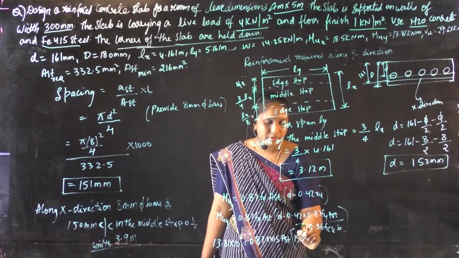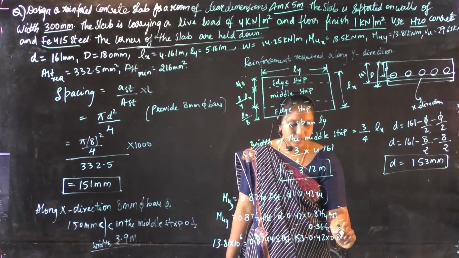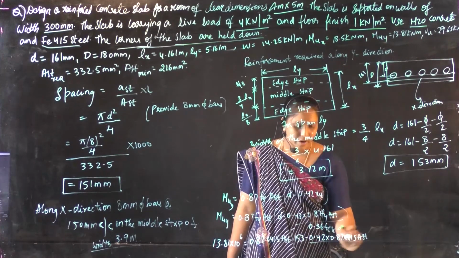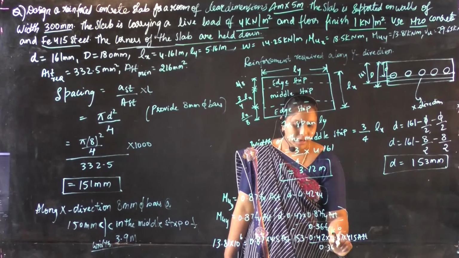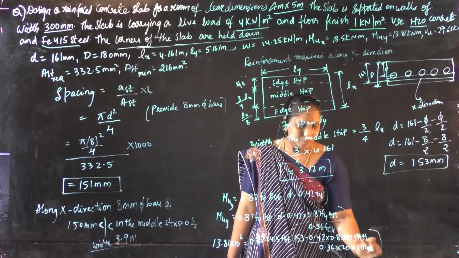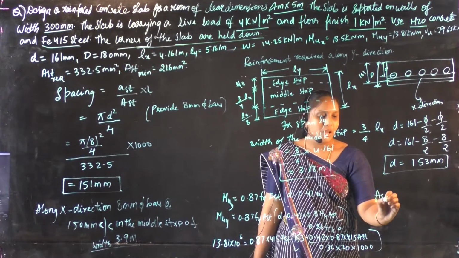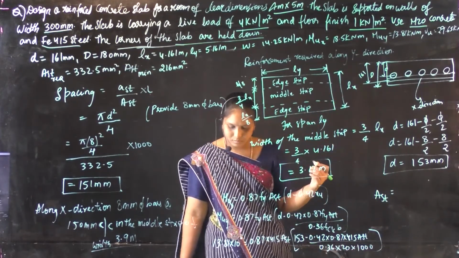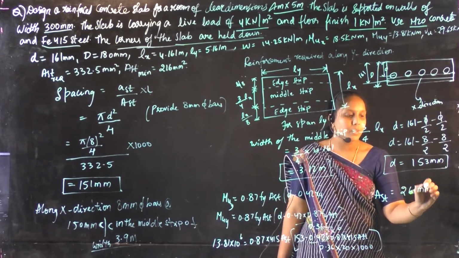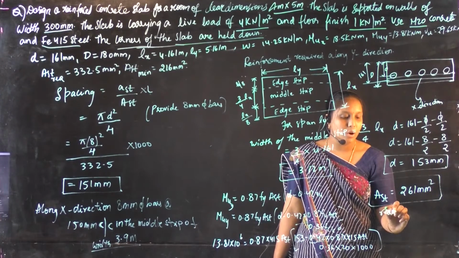It is 153 minus 0.42 into 0.87 into Fy is 415 into AST whole divided by 0.36 into fck is 20 into B. B is 1000. If you solve this, you will get a value of AST as 261 mm square. This is the area of steel which is required along the y direction.